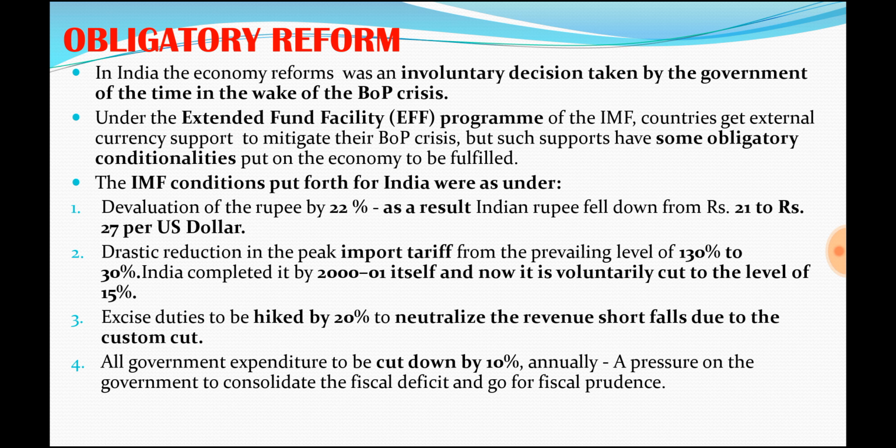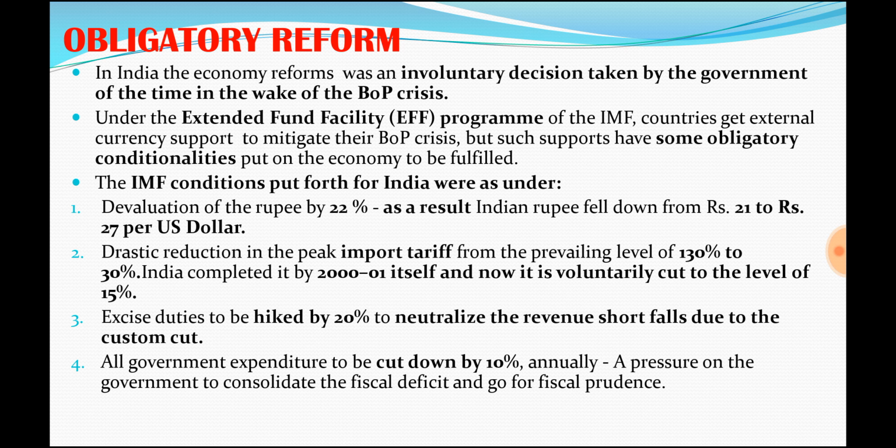But those loans come with some obligatory conditions. These conditions have to be fulfilled by the country in its economy, for example, to bring in economic reforms. So the economic reforms that India took in 1991 were not a voluntary decision by the government; rather, they were an involuntary or obligatory reform.